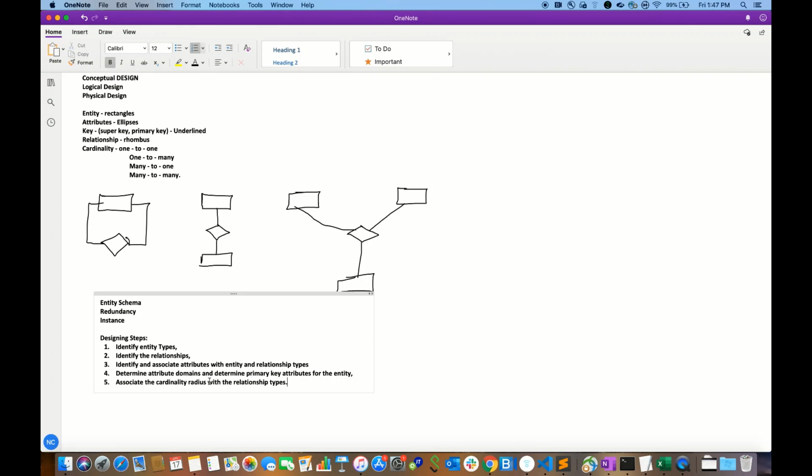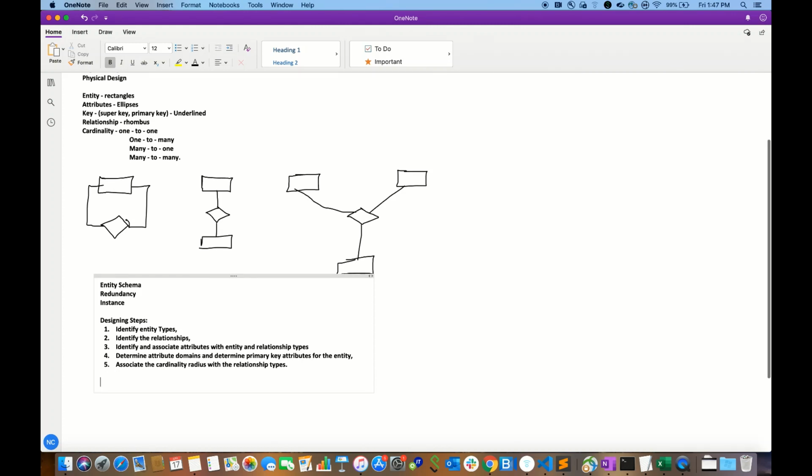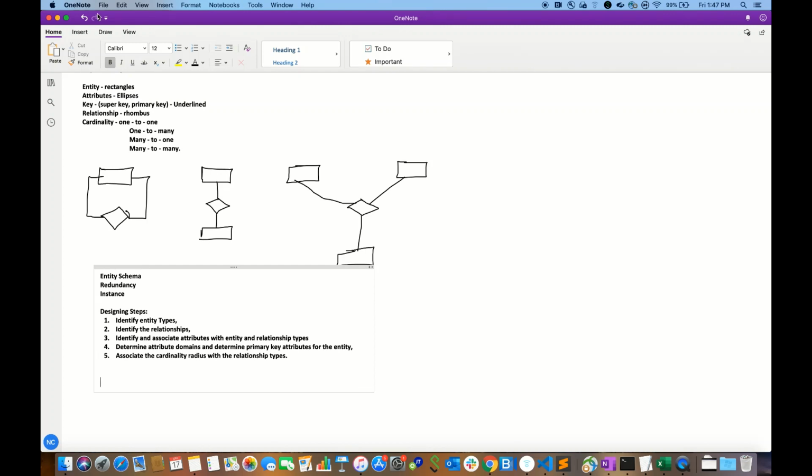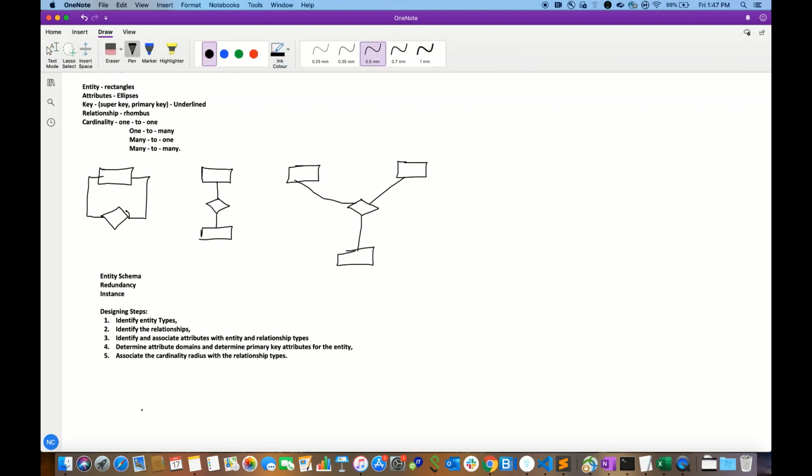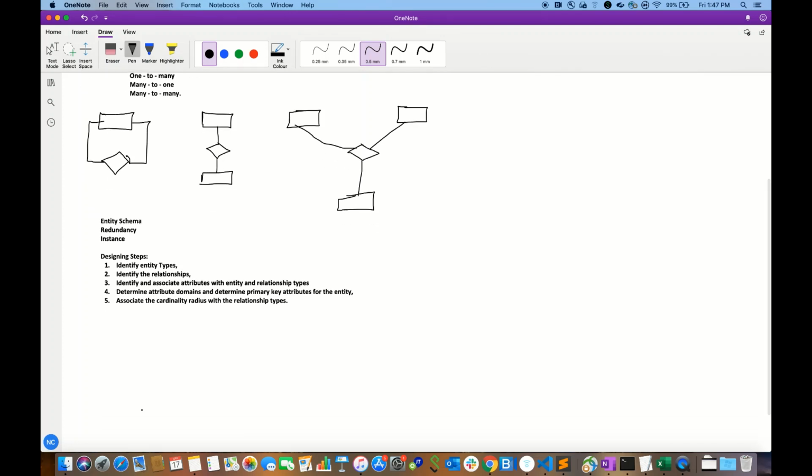Let me first show, before designing the database, what a cardinality ratio or a cardinality number looks like. We will be considering the example of employee and department, the many to one relationship that we described before.